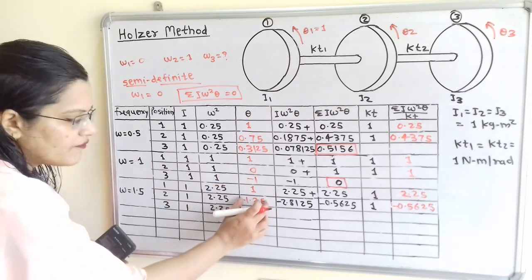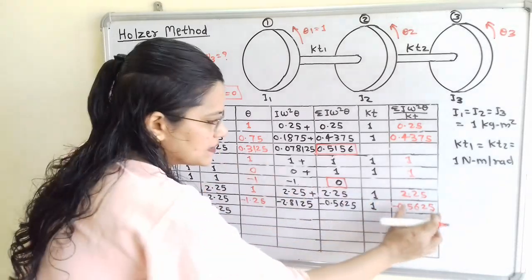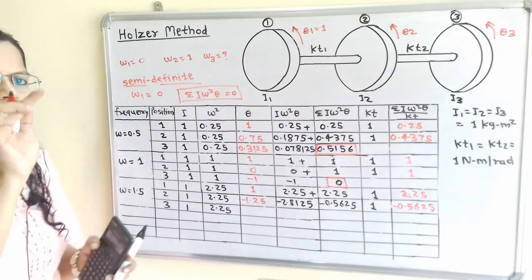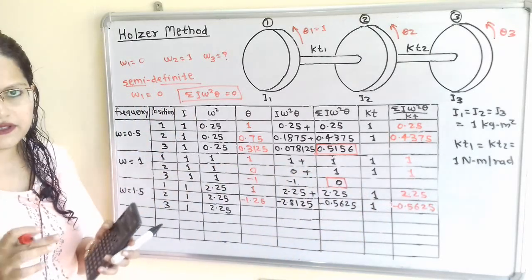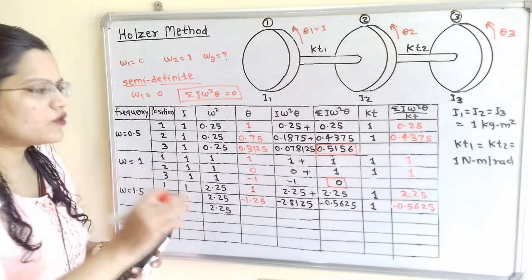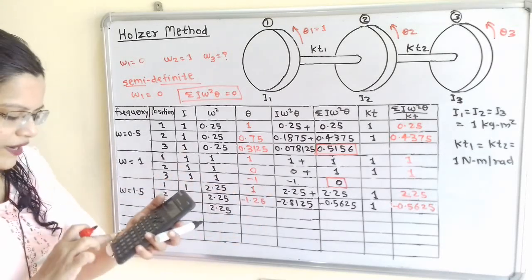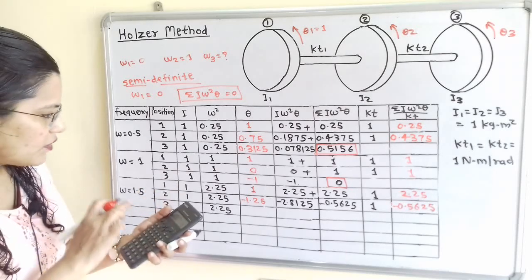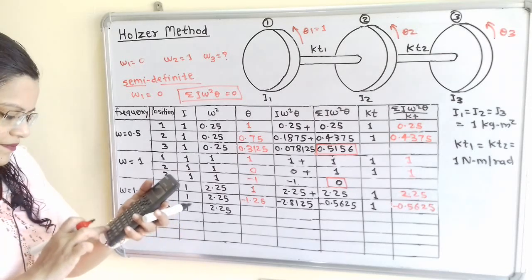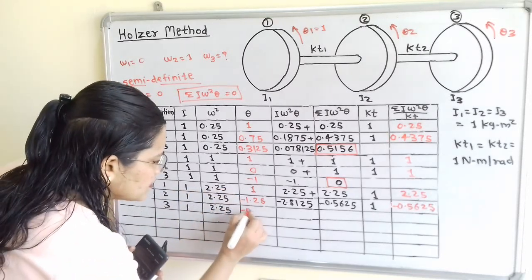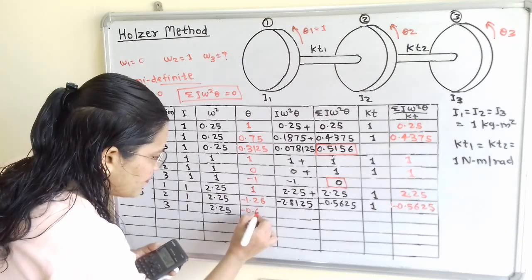Now next one is important, how to calculate theta at position 3. So this column value minus this. If this last column has a minus sign, then minus minus will become plus. So how to calculate this? While calculating we have to write here plus 0.5625 minus 1.25, minus 0.6875.